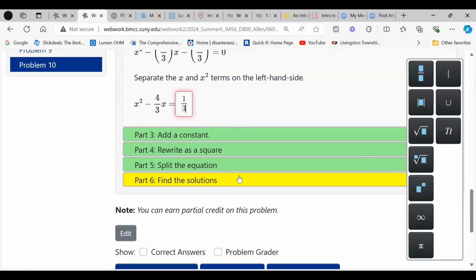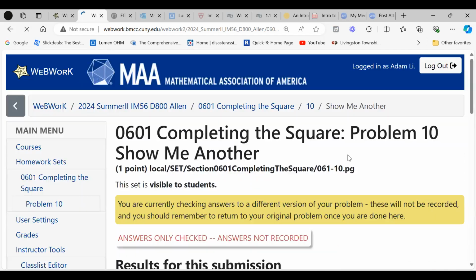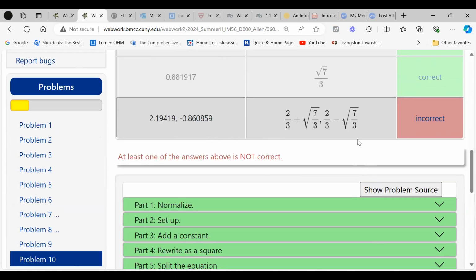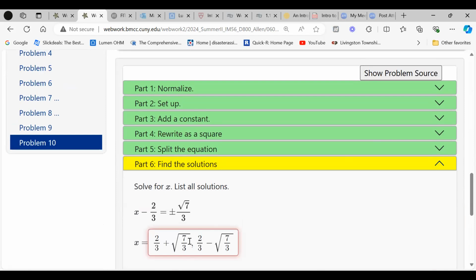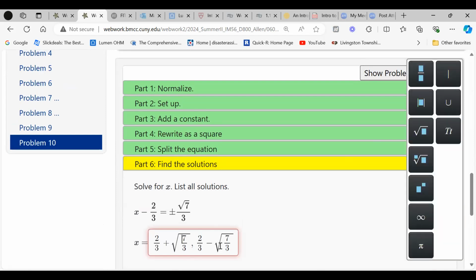Last part, oh yeah, I see. The square root actually just applies to the top, right? So this should be just square root of 7 over 3. For some reason, when I copy that, it copies something different.